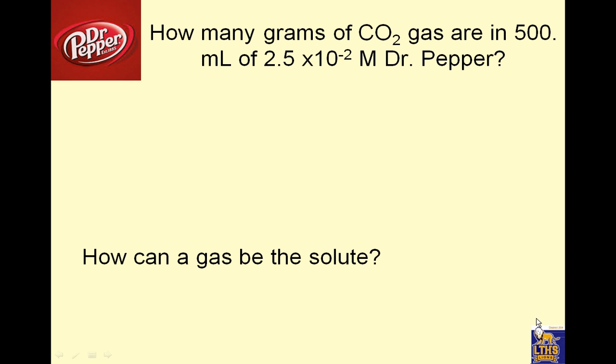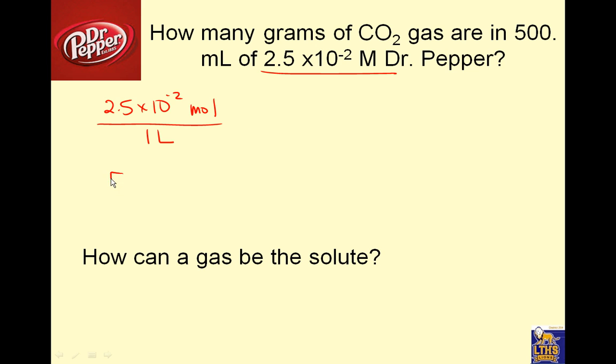Okay. All right, how many grams of CO2 gas are in 500 milliliters of 2.5 molar Dr. Pepper? This is a neat one. So what does this mean? It means there's 2.5 times 10 to the negative second moles of carbon dioxide for every 1 liter of solution. Okay, that's what that means.